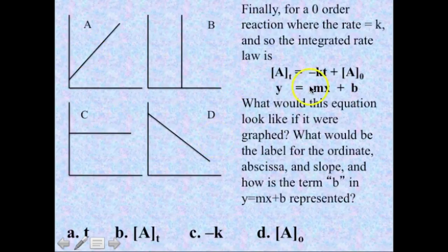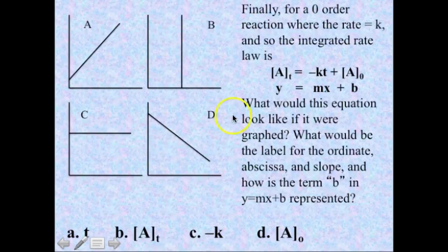And of course, you've got a negative slope here, minus k, like in a first order integrated rate law. And when you have a negative slope, it kind of looks like D. And what would be the label for the ordinate, abscissa, and slope? And how is the term b in y equals mx plus b represented?